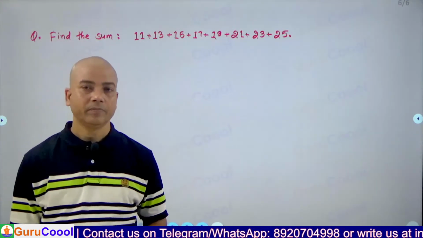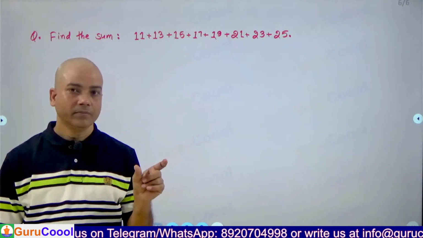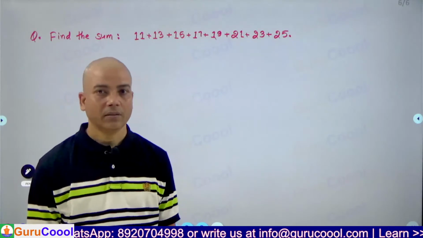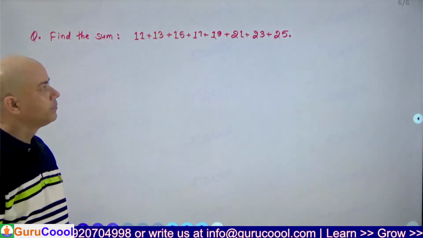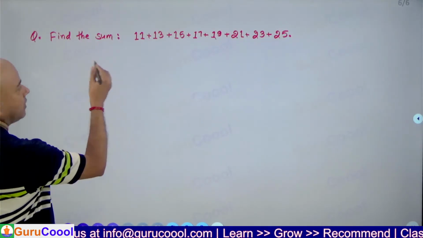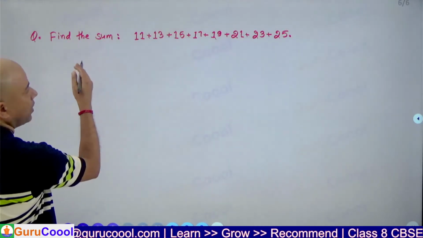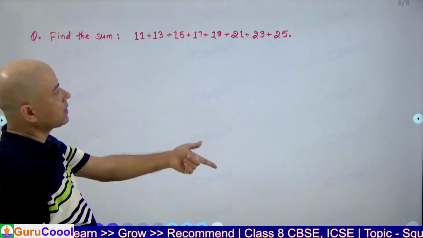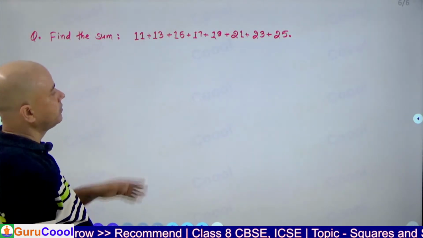Easy. 1 to 25 minus 1 to 9. Is that correct? Yes, sir. Sum of odd numbers from 1 to 25, then I'll subtract the sum of 1 to 9. It's over.